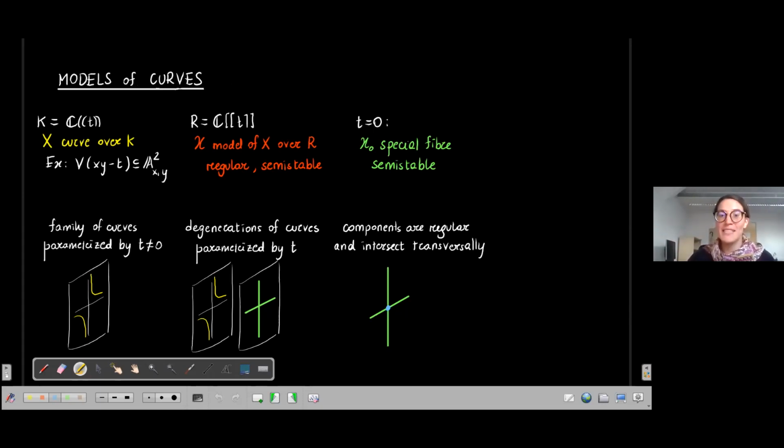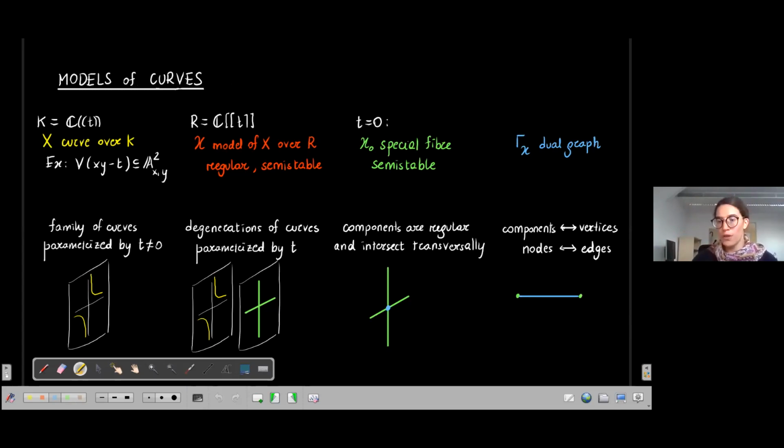Why we're interested in semi-stable is because if our special fiber is semi-stable, we can associate a dual complex. I think you probably saw both Renzo and Matt mention the dual graph, or dual complex if we're working with models in higher dimension, not just with models of curves. This is an object constructed as follows.